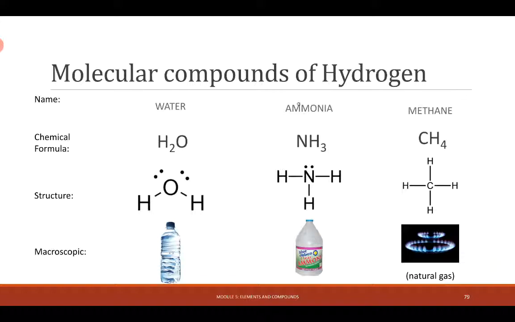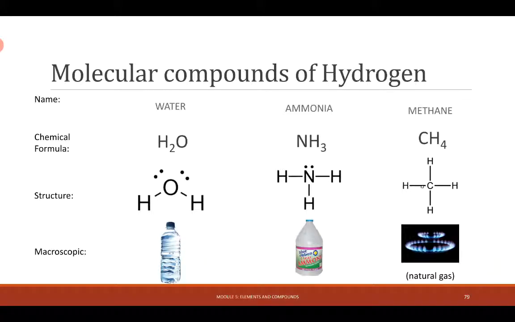And then there's ammonia, which is NH3. That's the neutral form of ammonium. And ammonia is sold as a cleaner. So you can go to Walmart and buy a giant gallon jug of ammonia if you wanted to. And then methane is CH4.